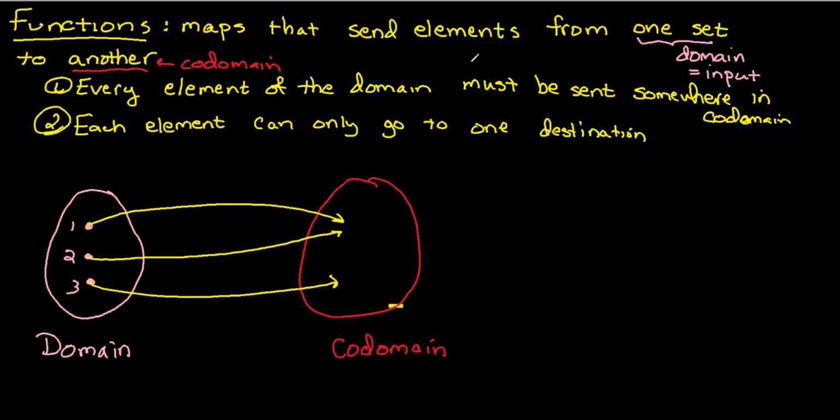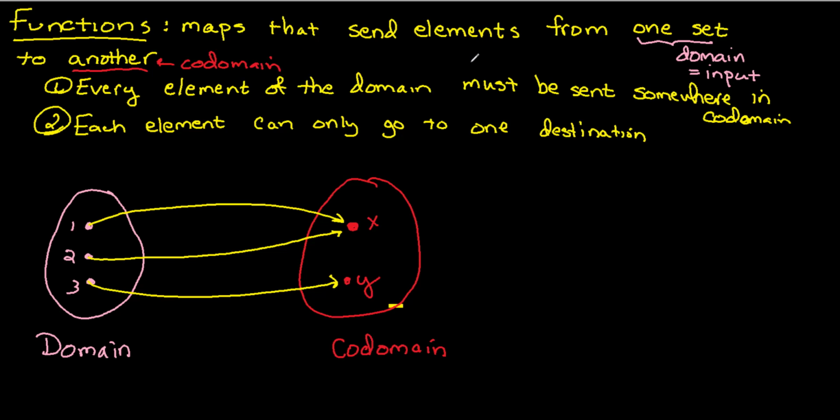So 1 got mapped to some destination in the codomain. I don't care, call it X. I'm just making up letters so I can draw you a picture. Suppose that the number 2 got mapped over here to X. And suppose 3 got mapped over here to some other point, we'll call it Y.